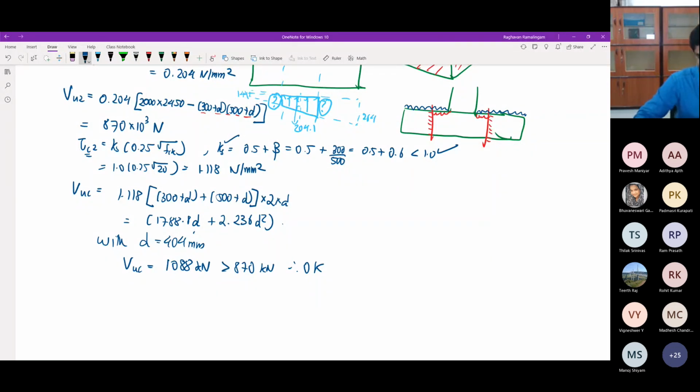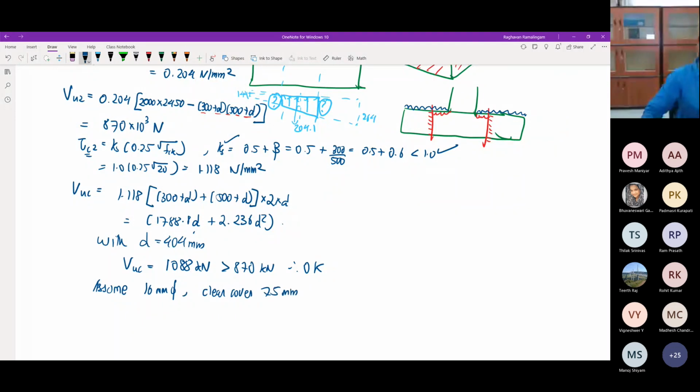But for the footing, giving 404 is not such a great idea, and if you want to be safe, you also have to add cover. You can assume maybe 16 mm diameter bars for the footing, and they say clear cover should be 75 for this problem. Maybe it's severe exposure, or whatever.